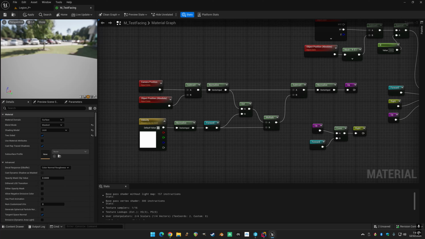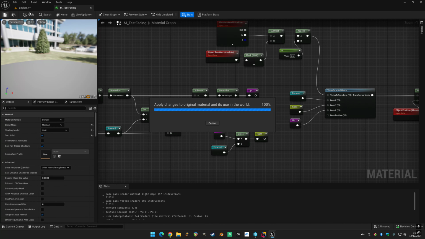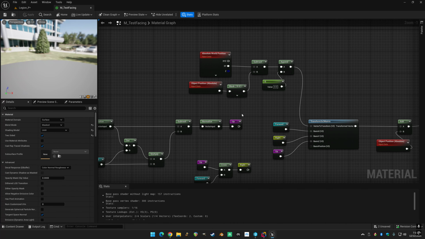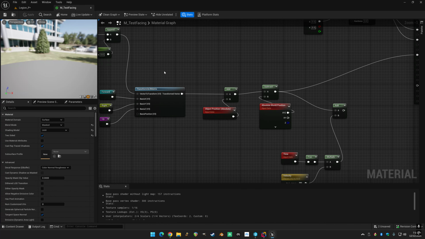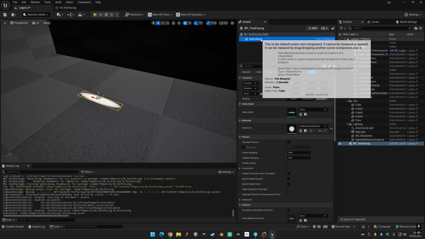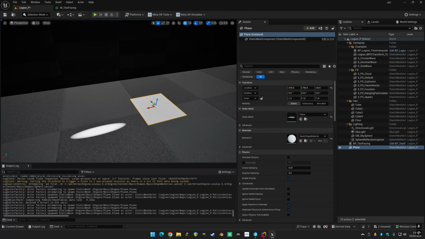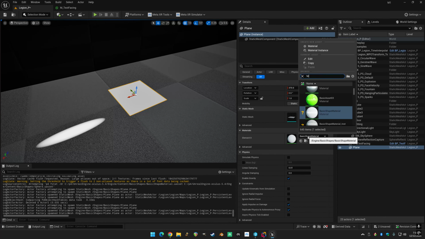This is the plane normal. Let's put it on that plane in the world. We put this plane here in the world, and we put test facing on it.